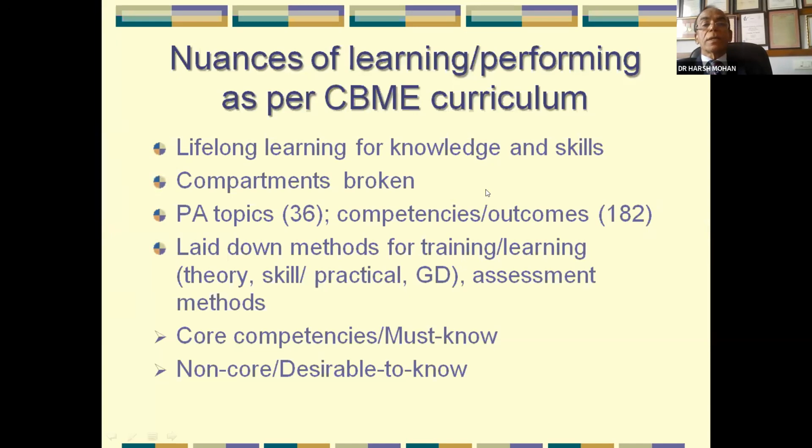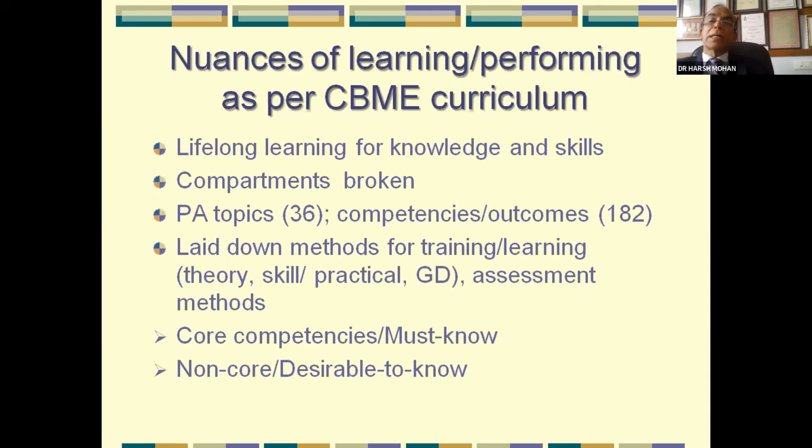Now, CBME, as regards pathology is concerned, which is abbreviated as PA in their curriculum, has given 36 topics. And those topics, which we used to call as systems, are called as topics in CBME language. In those 36 topics of pathology, they have defined 182 competencies or outcomes. And these are total outcomes.